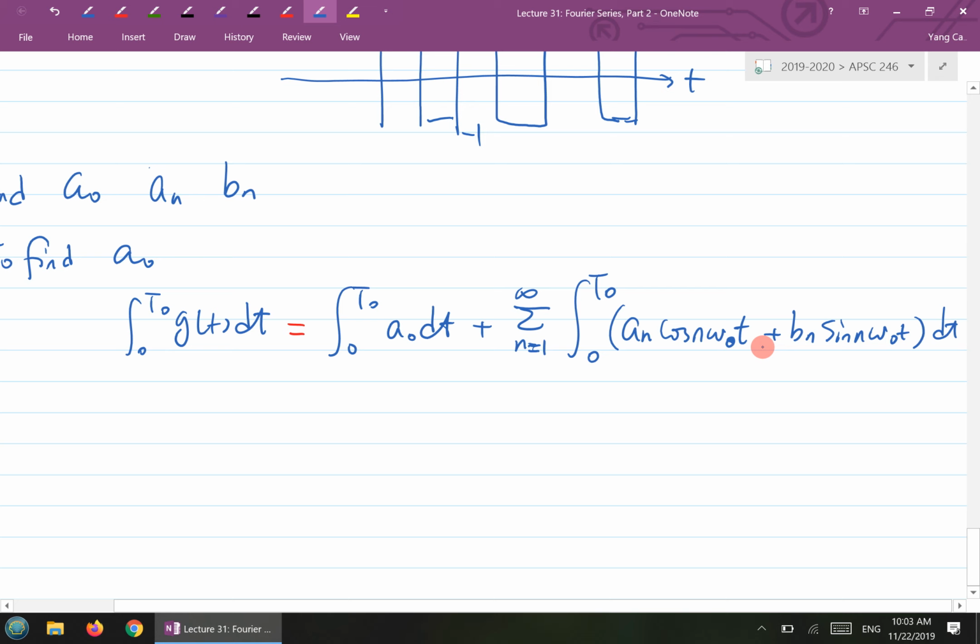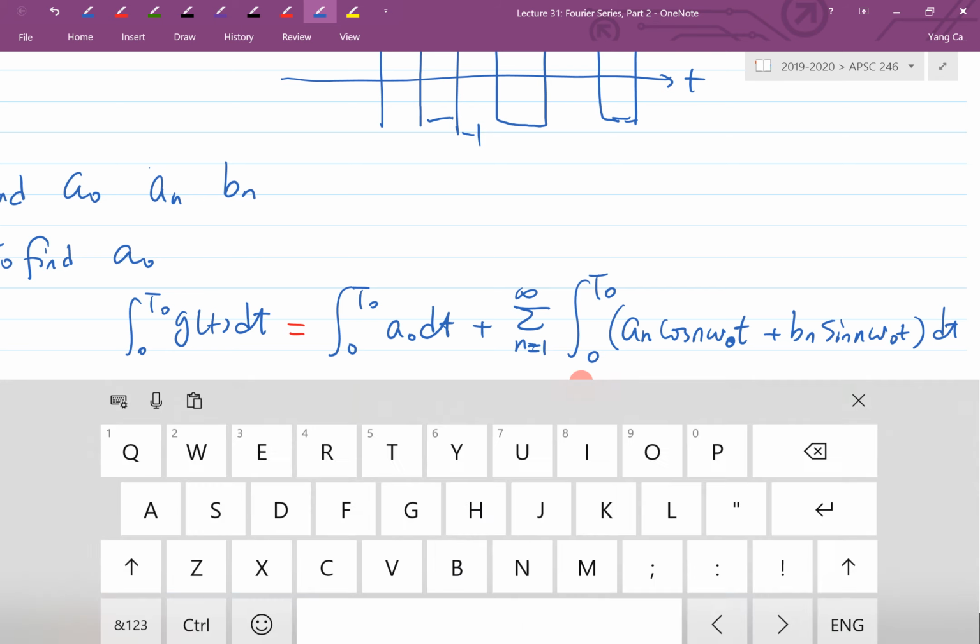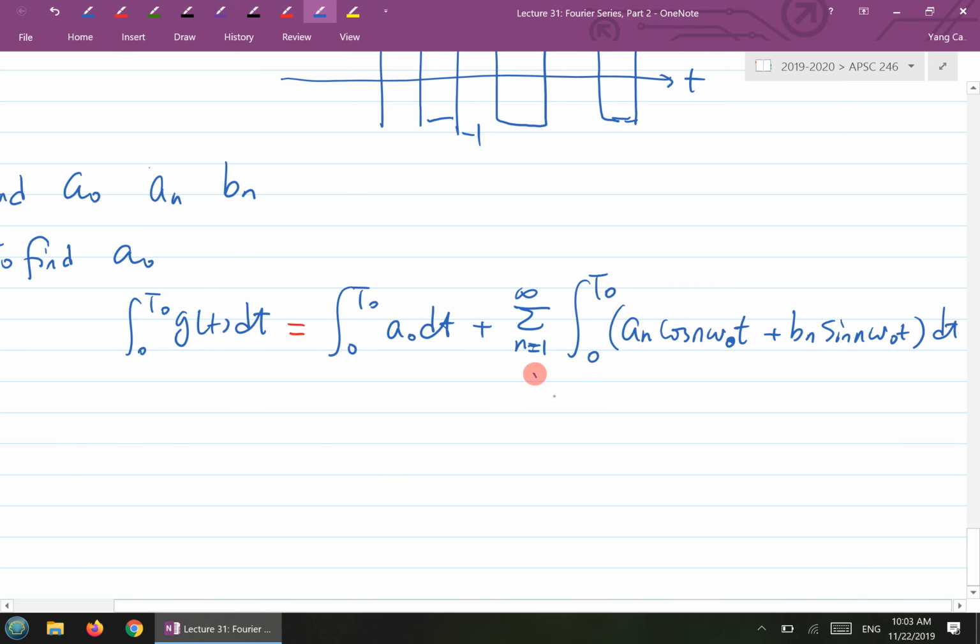And this is where we make use of the orthogonal property. When you integrate cosine n omega naught t and sine n omega naught t, according to the orthogonal property, the whole thing over here should equal 0. So you are only left with this integral, which is a naught times T naught.